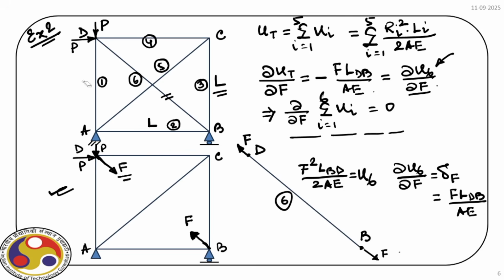Effectively what we have, you see here, we have strain energy summed up from 1 to 6. So we have all the 6 members for this indeterminate structure, and that we differentiate with respect to F. F is the member force which is unknown, that we are going to solve, and with respect to that member force, if we differentiate total strain energy, we get 0, right?